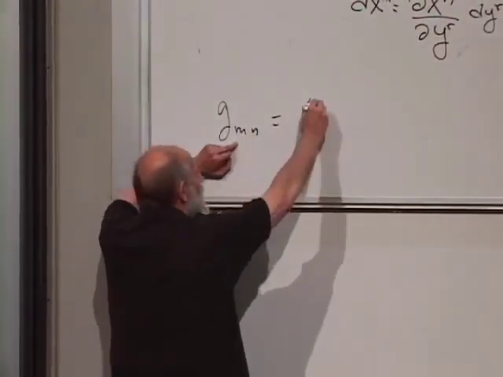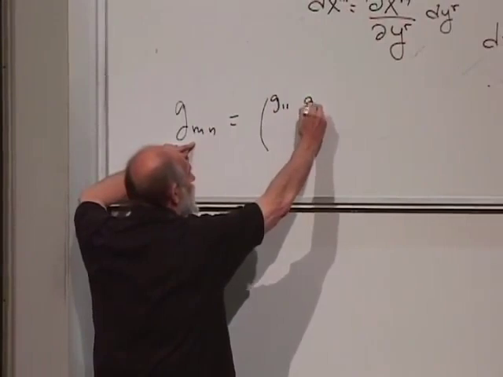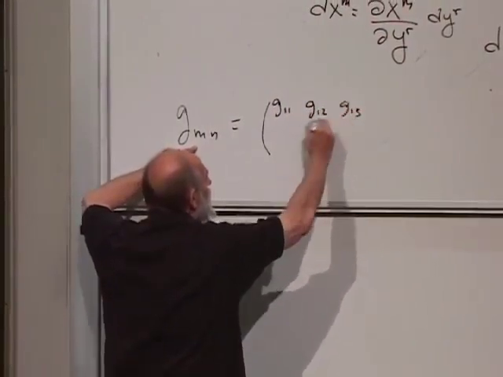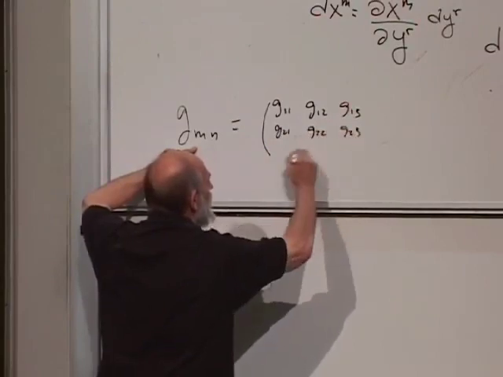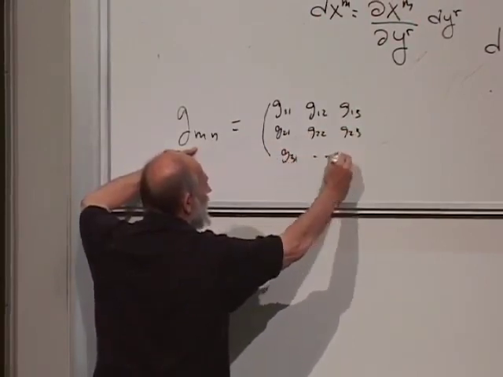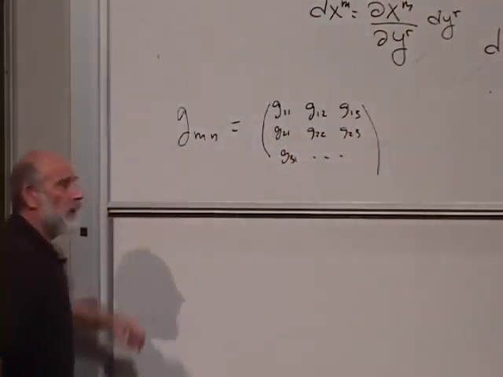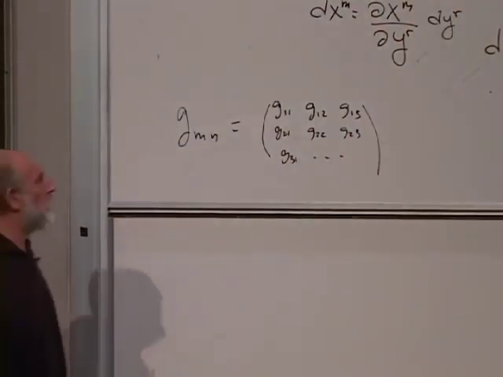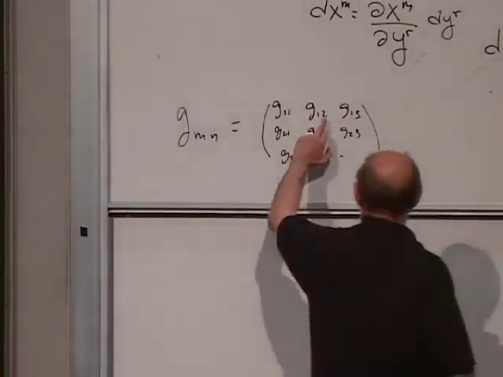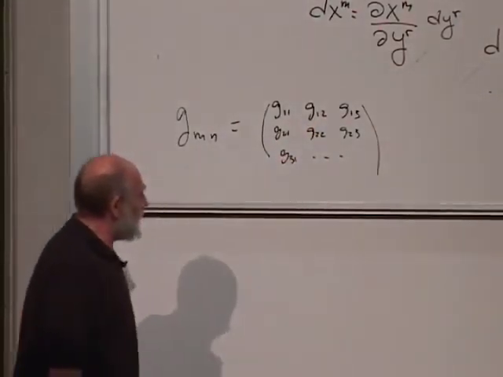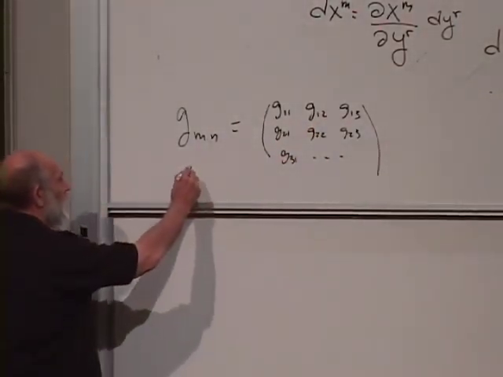I can put g11, g12, g13, g21, g22, g23, g31, dot, dot, dot, and so forth. It's a matrix. It's symmetric. g12 is equal to g21.